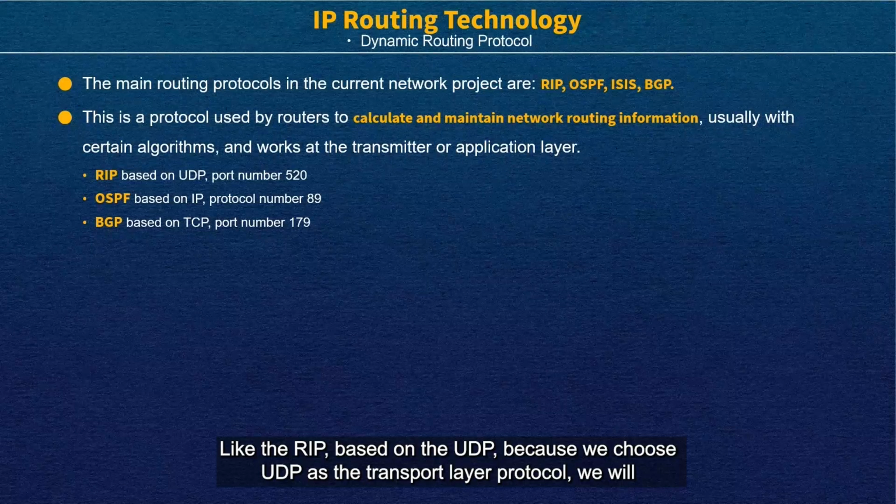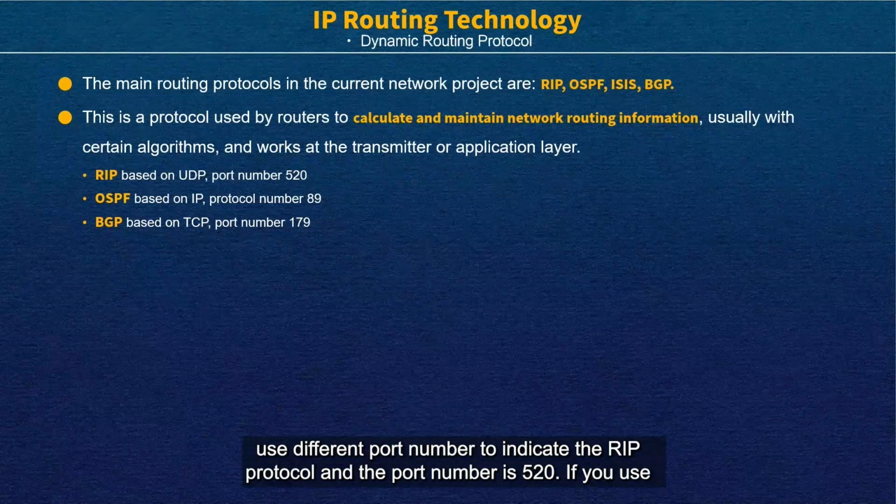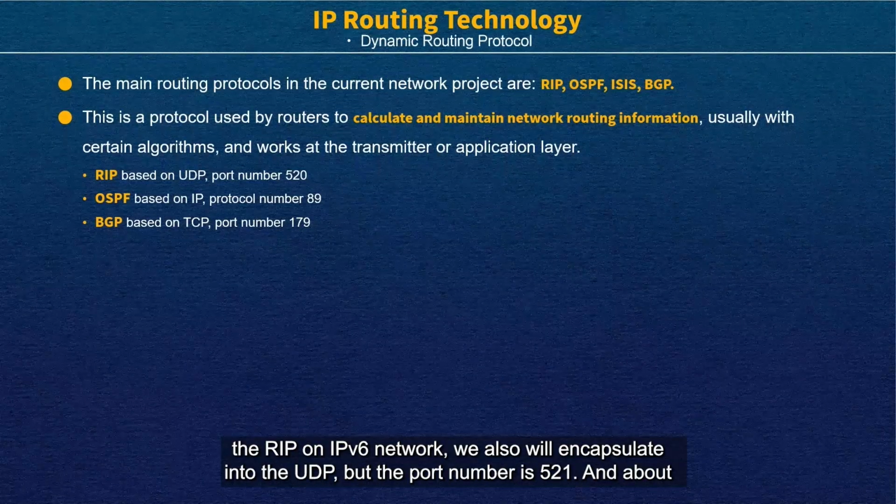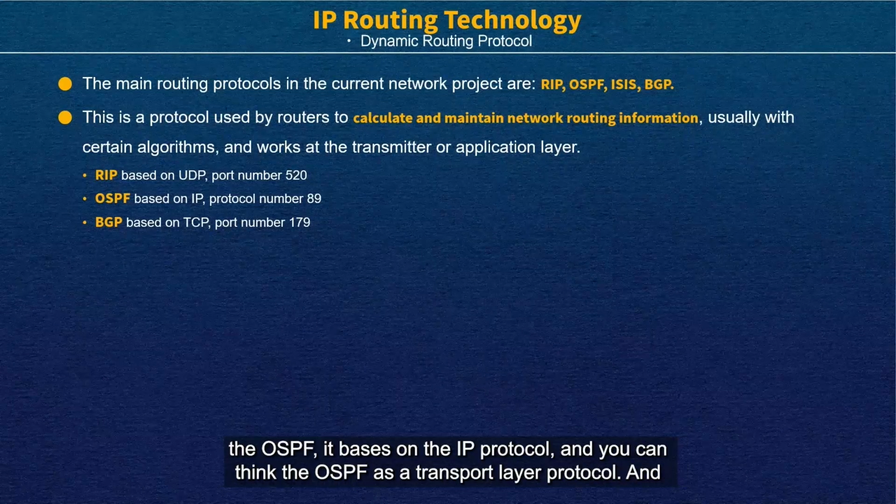Like RIP is based on UDP, because we choose UDP as the transport layer protocol, we will use different port numbers to indicate the RIP protocol, and the port number is 520. If you use RIP on an IPv6 network, we also encapsulate into UDP, but the port number is 521.